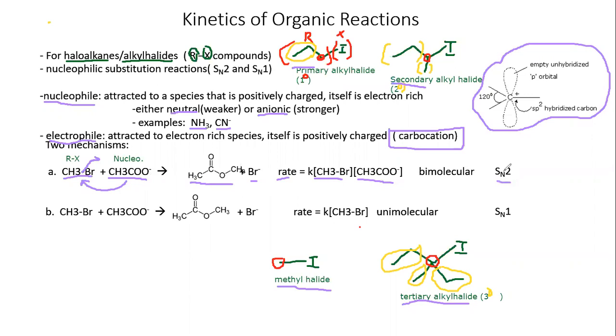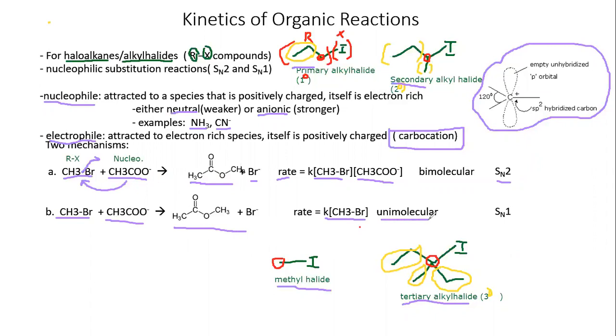So SN, S means substitution, N means nucleophile, 2 means it's bimolecular. So there are two reactants in the rate law. Now we can also write the mechanism for this, where we take the exact same two reactants, we get the exact same products, but we can write a different mechanism where it's unimolecular.